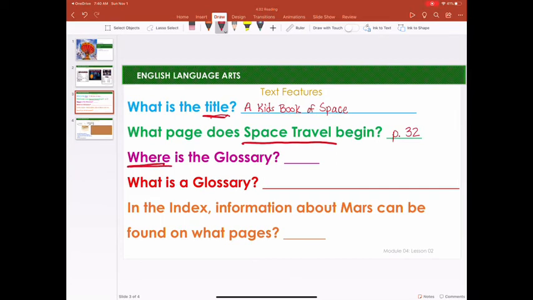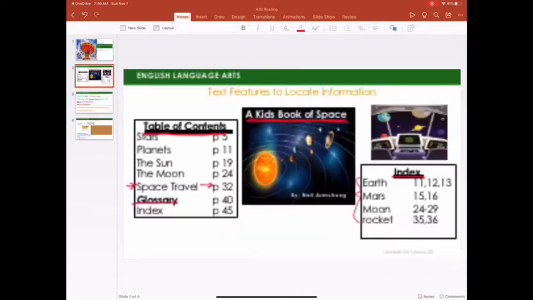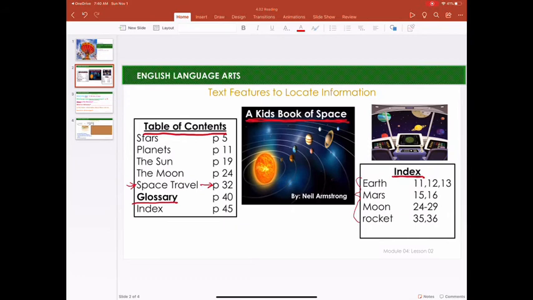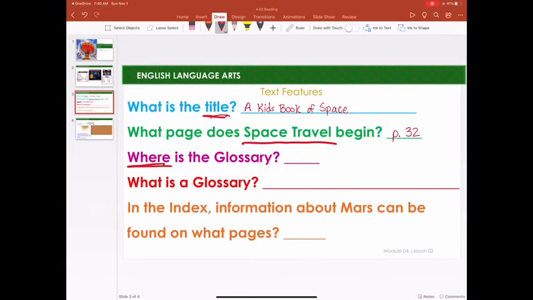Where is the glossary? If I want to know what page the glossary is on, remember where I look to find the page numbers? Yes, I look in the table of contents. So let's go back and look at that. So here's the glossary in the table of contents. It starts on page 40. Page 40. And what is a glossary? Do you remember?